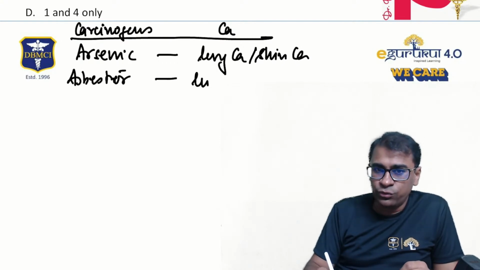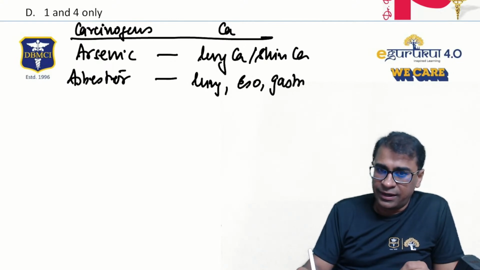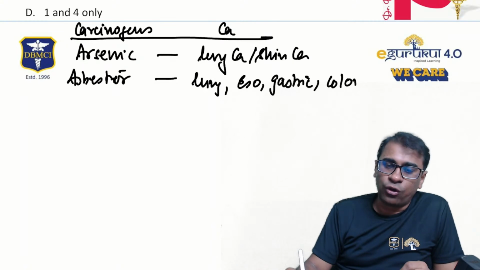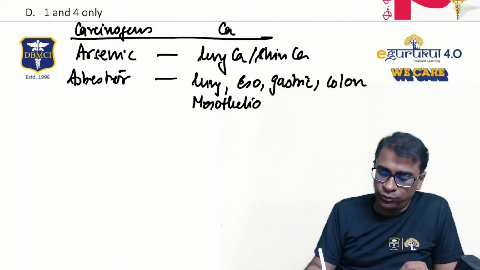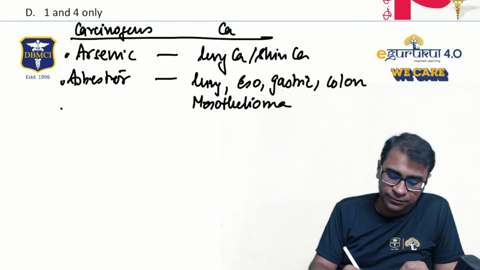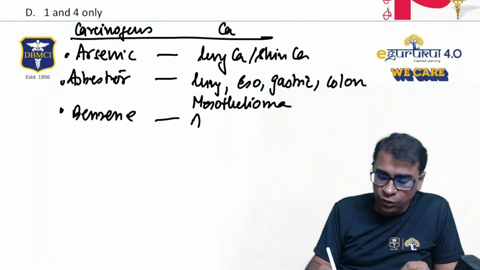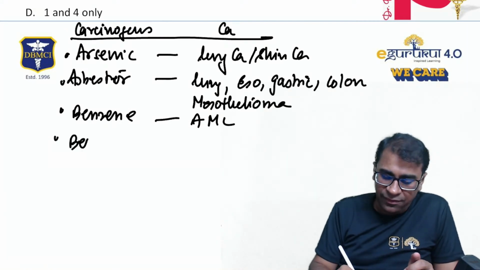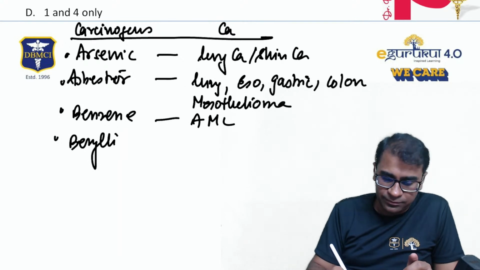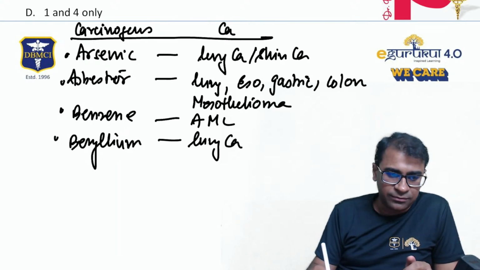Asbestos often leads to lung, esophagus, gastric, and colon carcinoma, obviously with mesothelioma. You obviously can't forget this one. Then there is benzene, and benzene causes acute leukemia. Then there is beryllium. Beryllium can often lead to lung cancer.